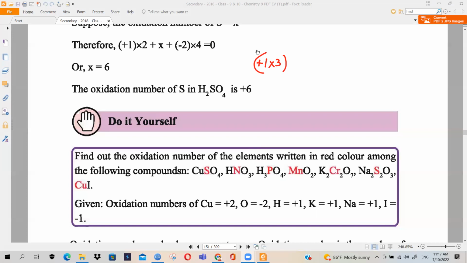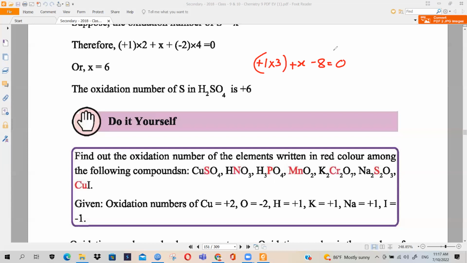That'll be +5 then. So x plus 3 minus 8 will equal 0. That means if you calculate it, then you will get the value of x to be +5.